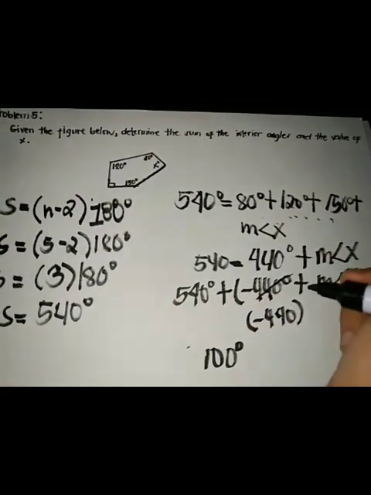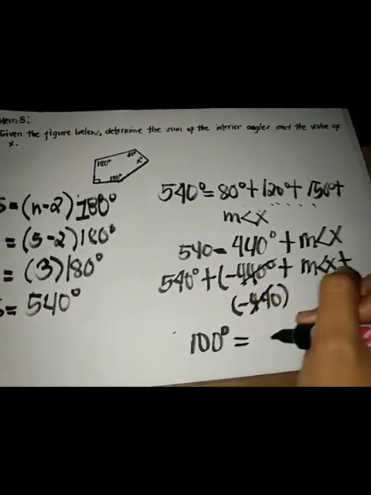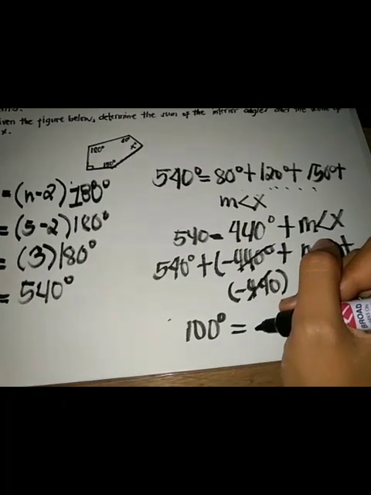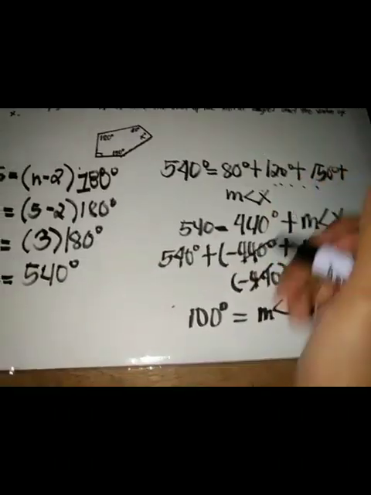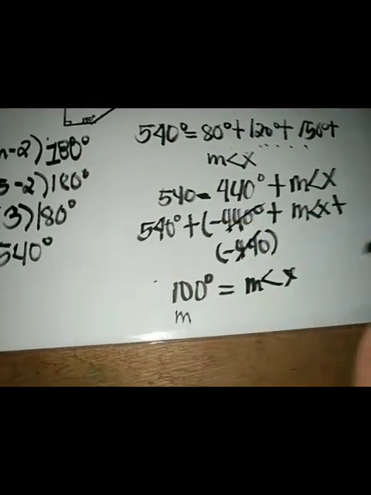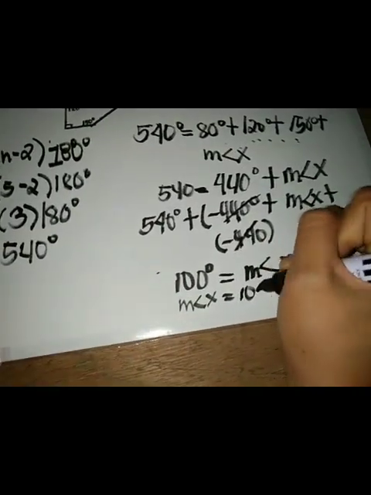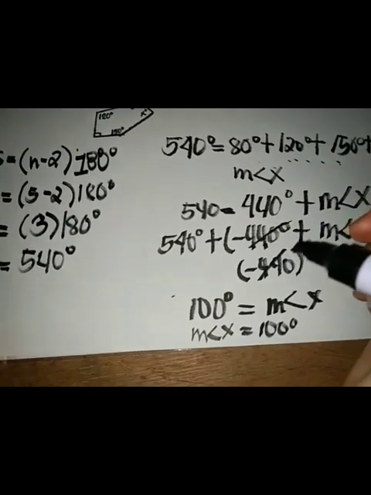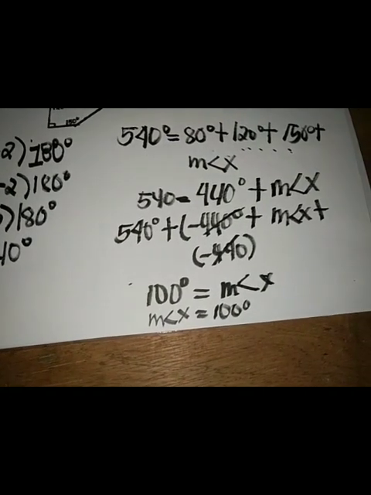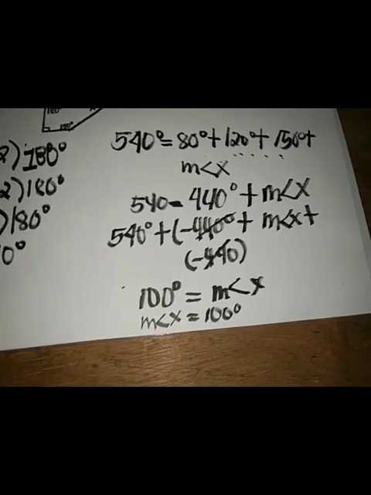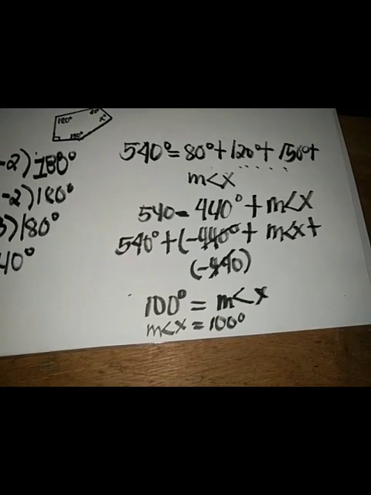Cancel out negative 440, so equals m angle x, or m angle x equals 100 degrees. Therefore, the sum of all the interior angles of the polygon is 540 degrees, and the m angle x is equal to 100 degrees.